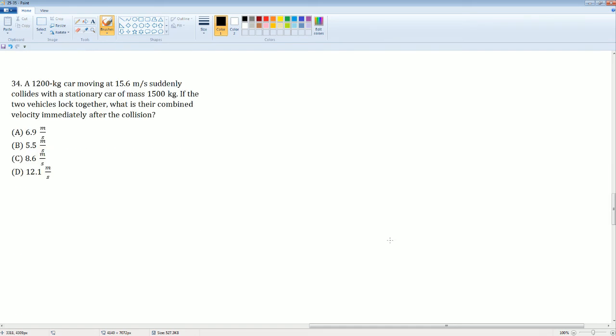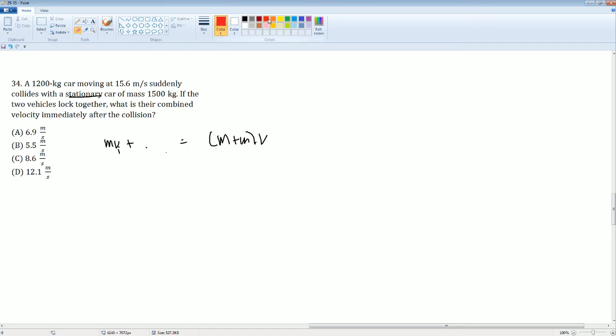34. A car is moving at 15.6 meters per second and suddenly collides with a stationary car. The two vehicles combined, what is the velocity after? So m v plus m v initial is going to be equal to m plus m times v. Please understand that it was a stationary car, so this one goes bye bye.